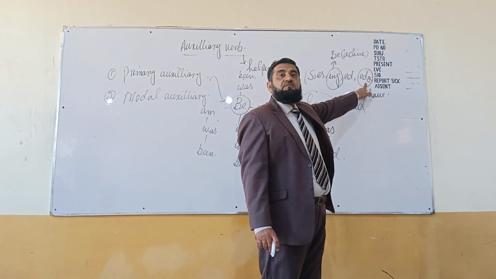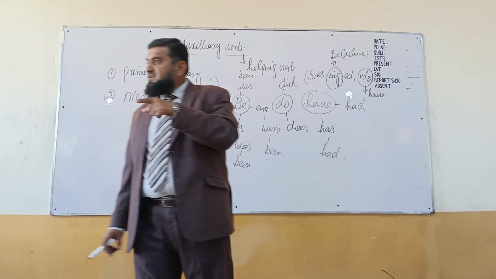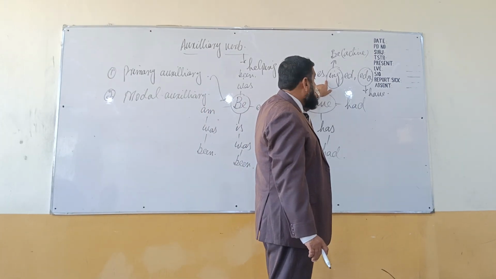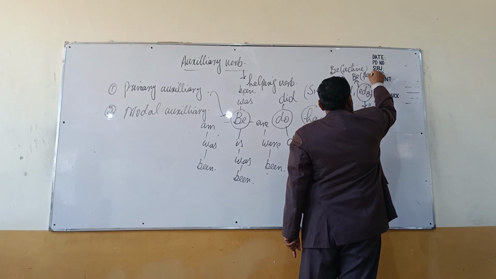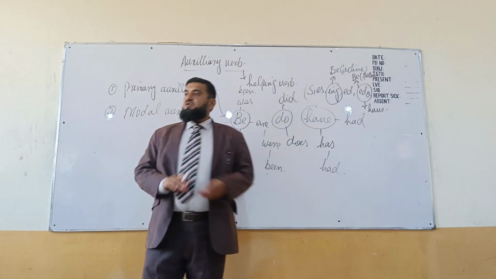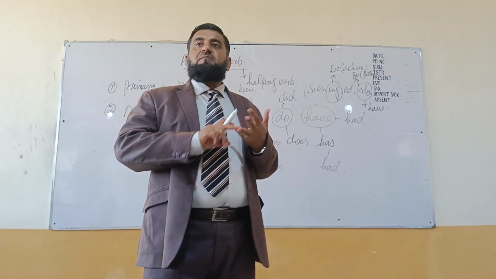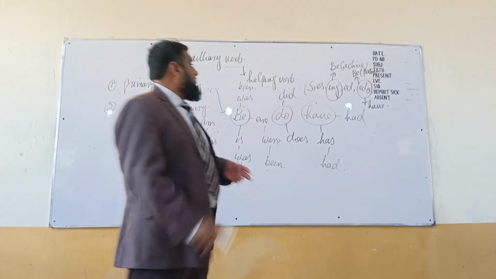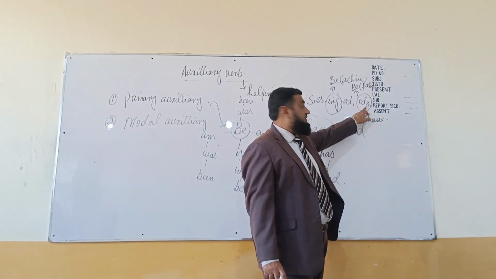When the sentence is passive, the auxiliary is be and the third form will be used. So with be, first form plus ing in active voice, and with be, the third form of the verb in passive voice. Understood? Yes.